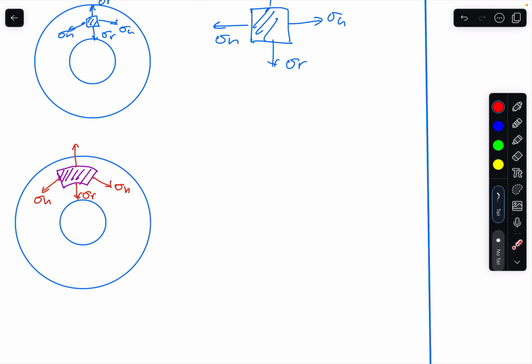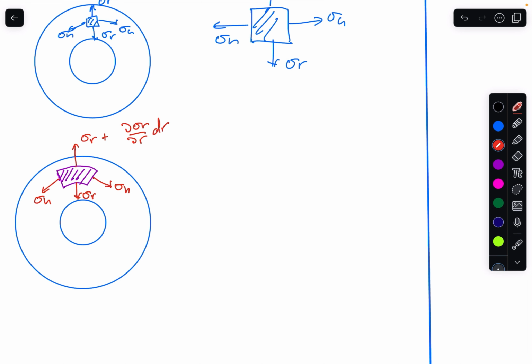We capture that as sigma r, what it was before, plus the change in sigma r with respect to the radius times that change in radius.